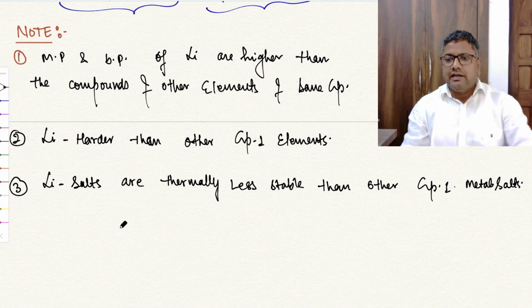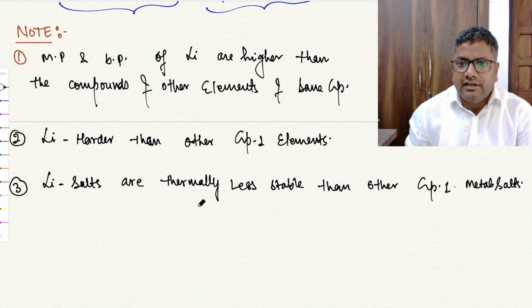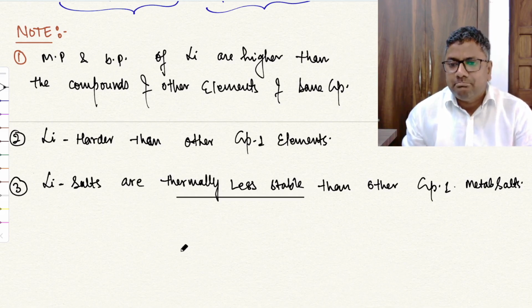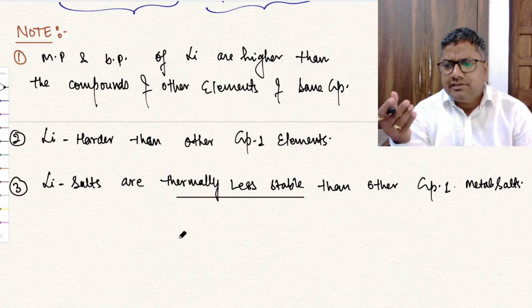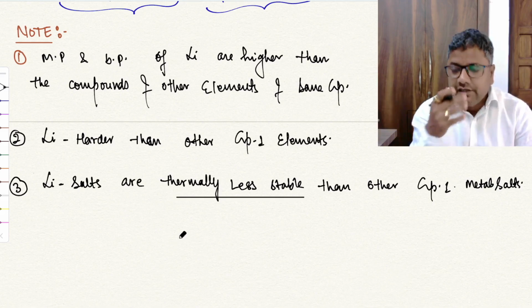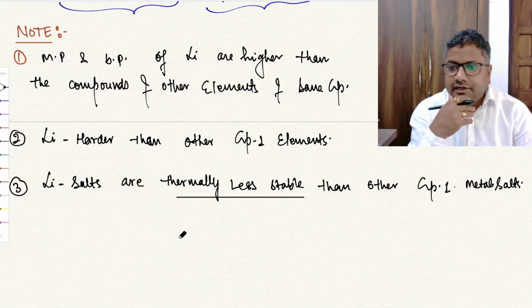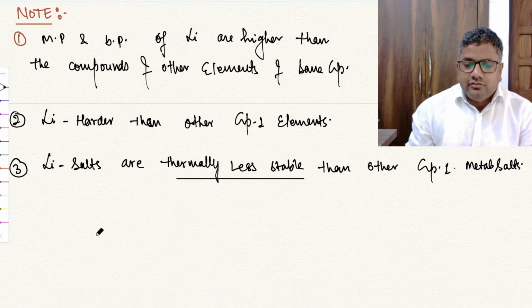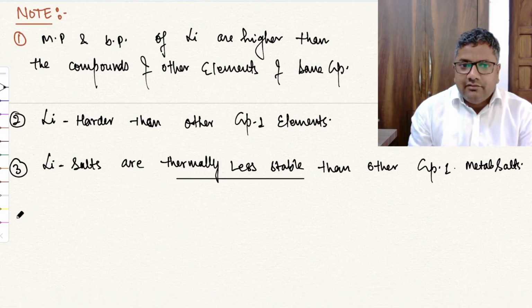So salts and hydroxides all are thermally less stable. Clear? A few exceptions are there, like fluorides; I have already discussed all these points. So I am taking only the points of difference which I have not discussed yet.